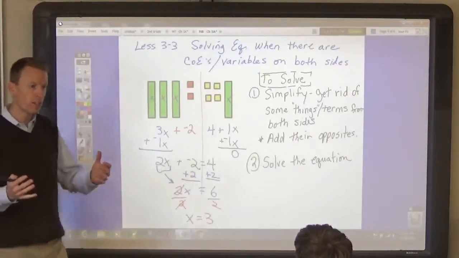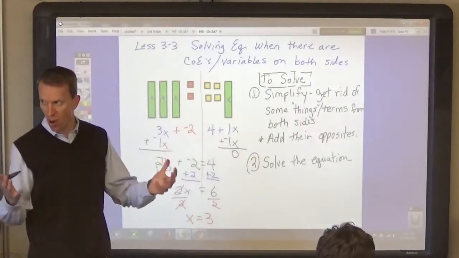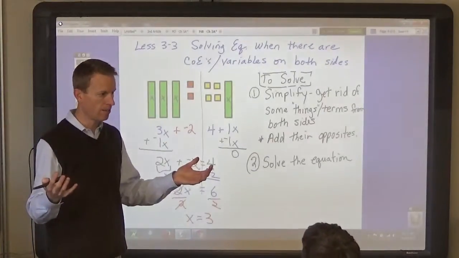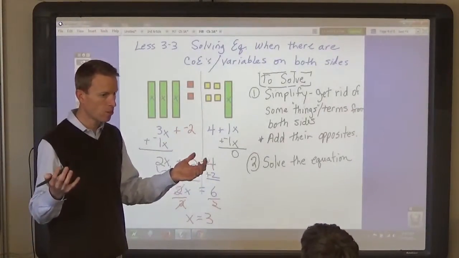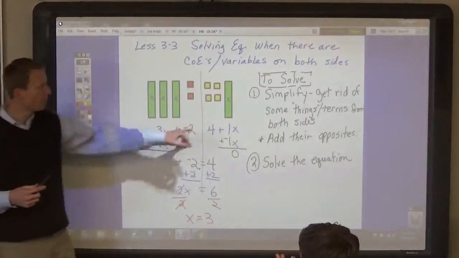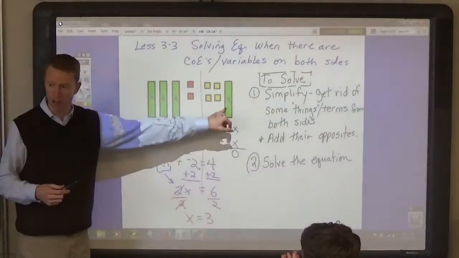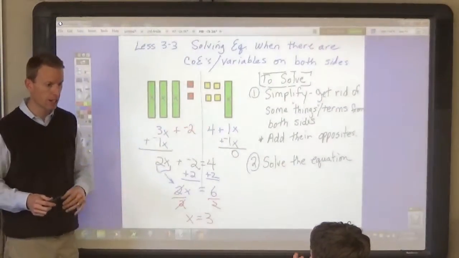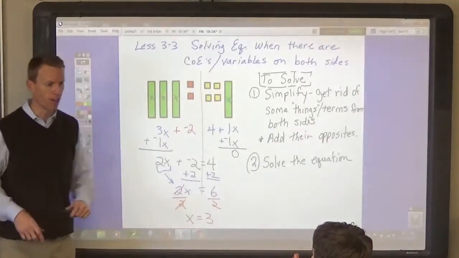Remember that in an equation, the sides are always balanced. One side is equal to the other side. That's really important in an equation, because when you're solving it, you have to treat both sides the same. Whatever you do on one side, you have to do on the other side. Any questions so far?